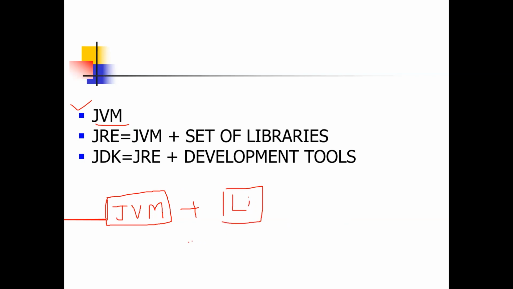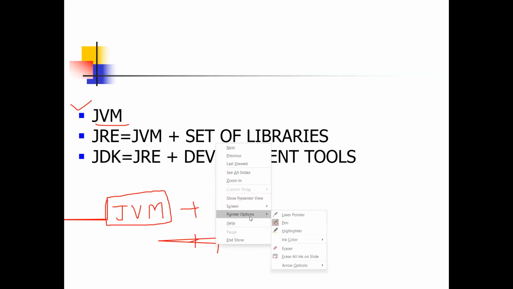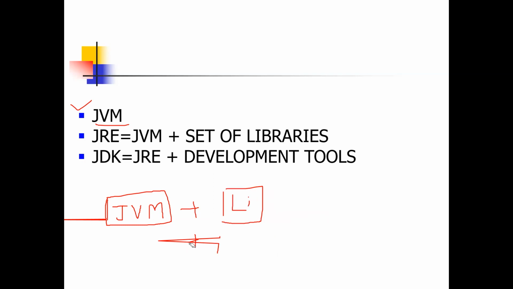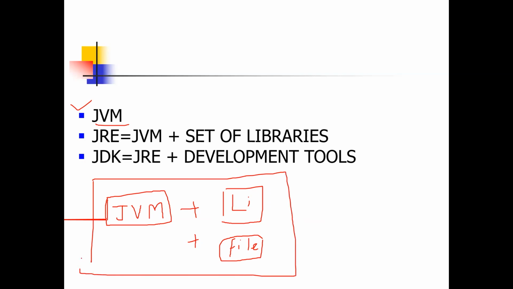Okay, or any other files required. So this is any other file required. Okay, and jar file libraries. This combination of these three is called JRE. The combination of these three is called Java Runtime Environment.